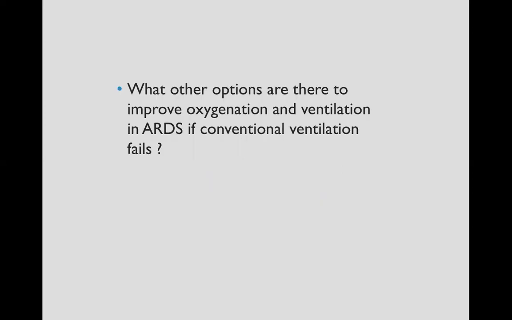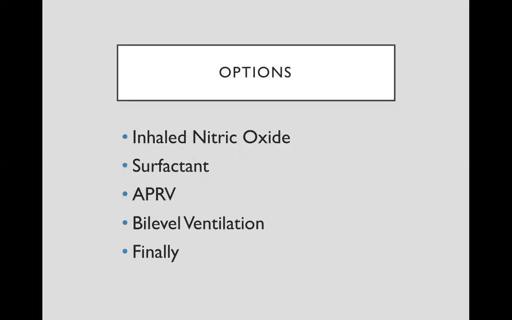So, what other options are there to improve oxygenation and ventilation if conventional ventilation fails? There are some more complicated modes of ventilation also, like APRV and bilevel ventilation. There are some other modalities like inhaled nitric oxide, surfactant, but none of these have been known to show a mortality benefit.